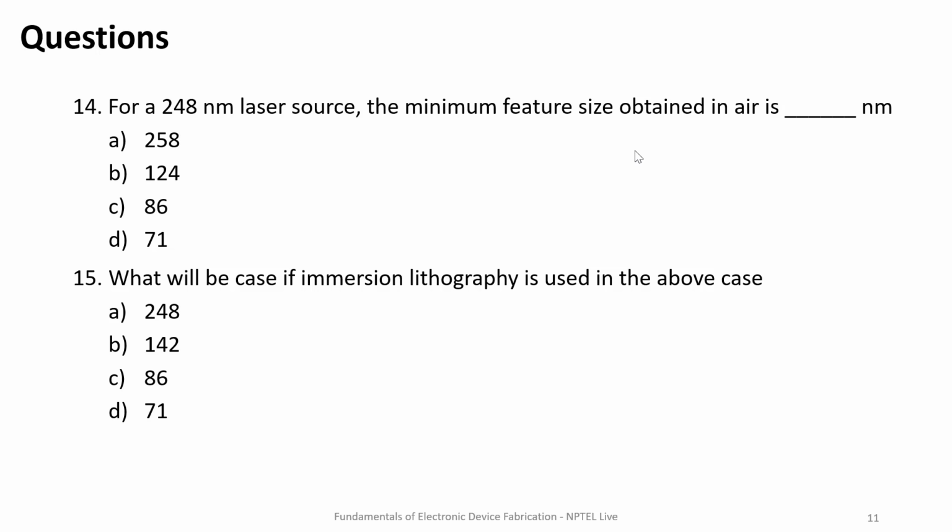So using sigma is equal to k lambda by NA, is everybody getting 124? K is the Rayleigh's constant, and for people who don't know, it's 0.5. So now you have k 0.5, lambda is equal to 248 nanometers, and NA is equal to 1.